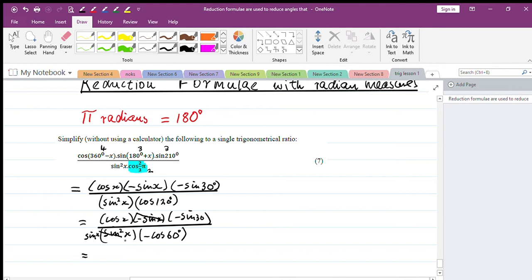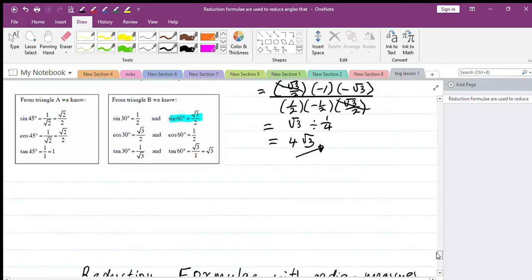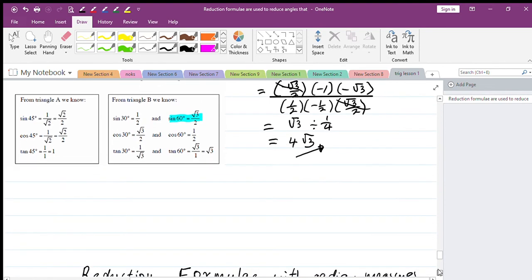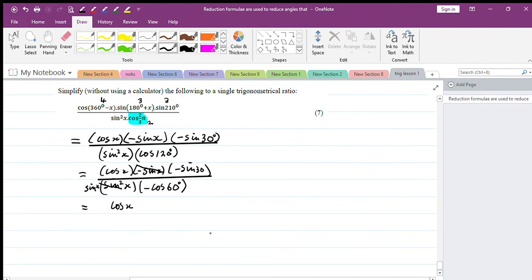So what we have now is cos x, then negative sine of 30 degrees. Let's have a look quickly. Sine of 30 degrees is 1 over 2, but it's negative, so we'll have negative 1 over 2.